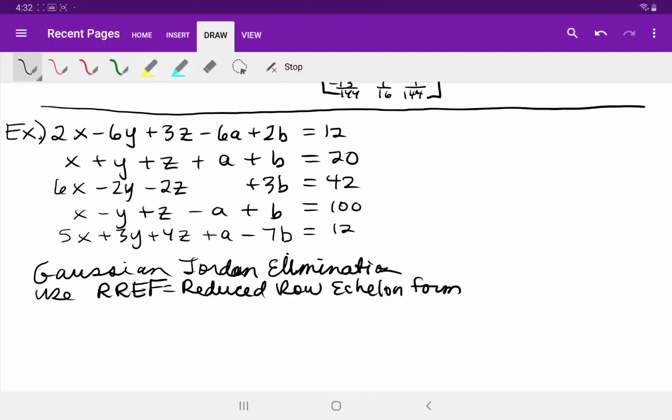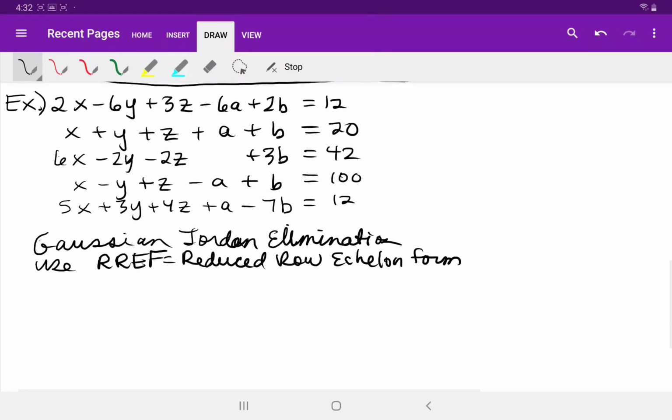And that means that you have ones as the first number in each row, and then you have the zeros above every one. Same thing that we had talked about, but we just didn't call it that name. So that's what RREF stands for. There's also REF, where the zeros don't go above, but you might as well just go to RREF.